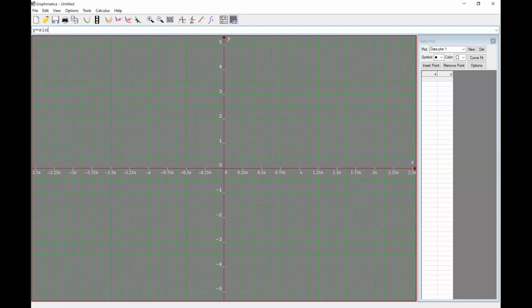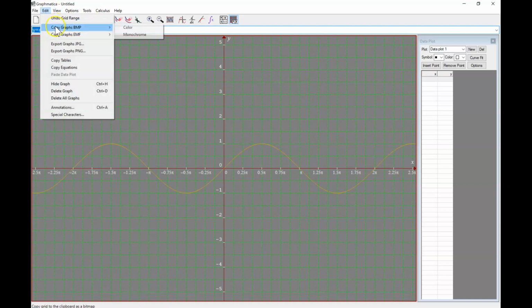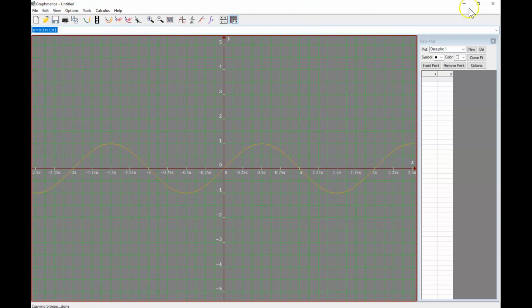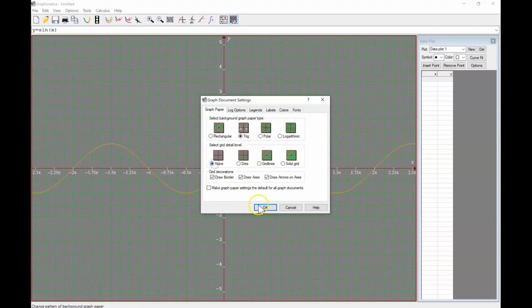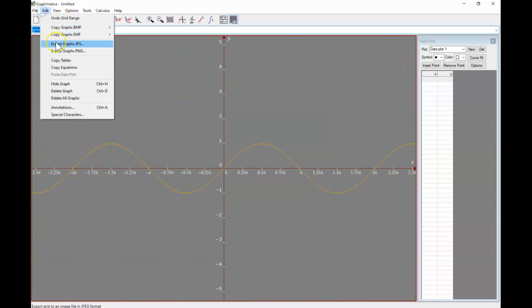So let's generate the graph of sine x here real quick. Actually, let's, where'd that go? Let's do this. That'll make it a little easier to read.